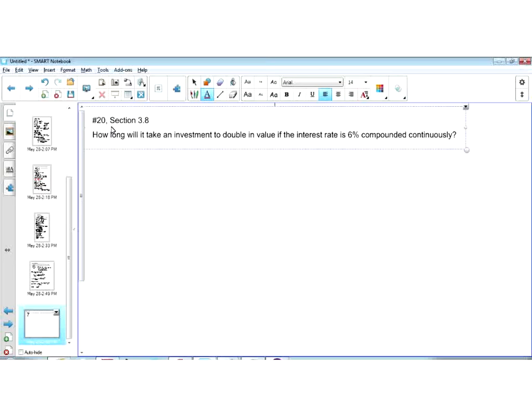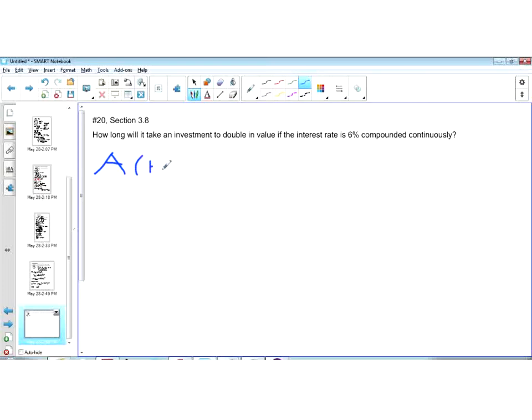And so the answer to that question would be as follows. Since we have continuously compounded interest, we have the formula A of t is equal to A of 0 times e to the RT.